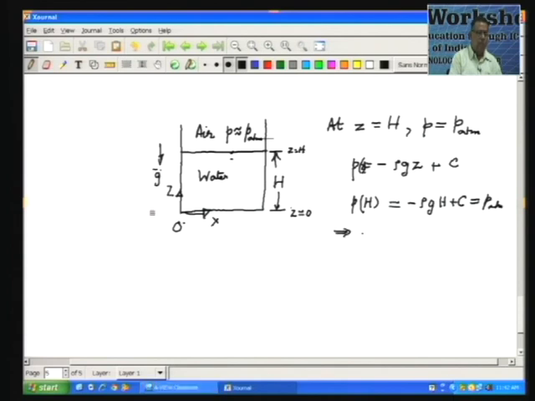This gives you C equal to P atmosphere plus rho g into capital H. So, if you substitute this into this expression, you are going to get P of z is equal to P atmosphere plus rho g into H minus z.